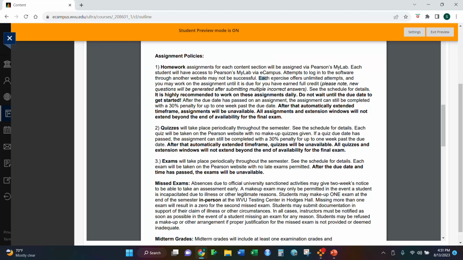For your homework assignments, you will have unlimited attempts to complete the assignment until the due date. What does happen, though, is that if you put an answer in incorrectly 3 times, the system will mark the question wrong, but after you finish the problem, you'll have the option to do a similar question, which is literally just the same question with different numbers, and you can still complete it for full credit.